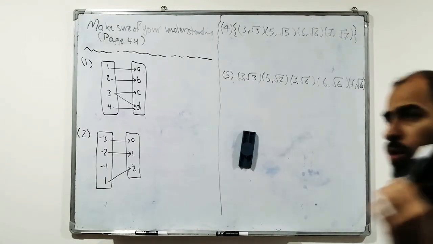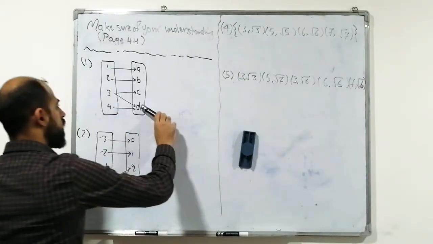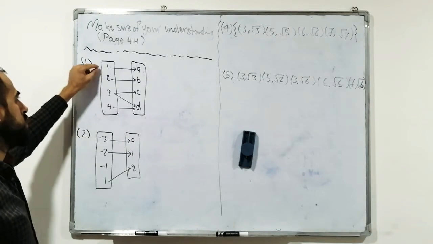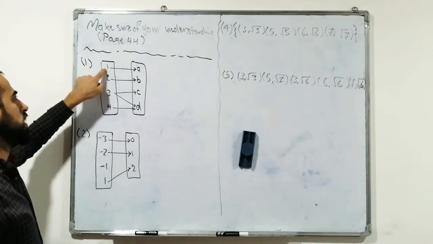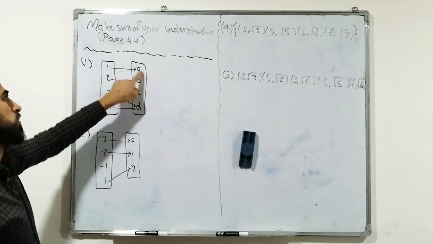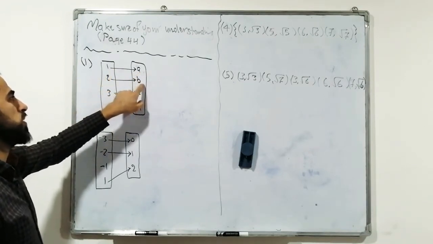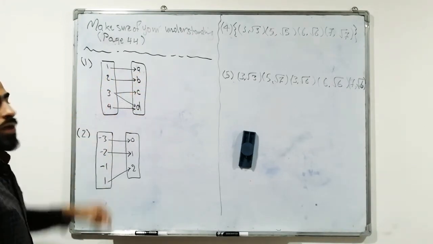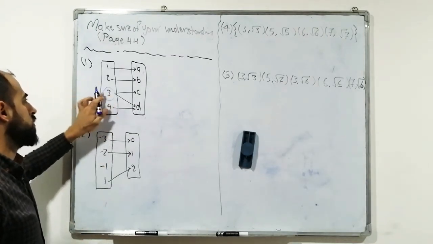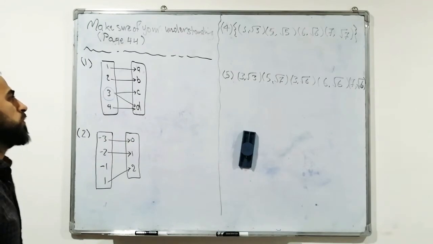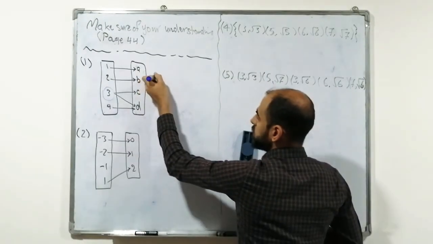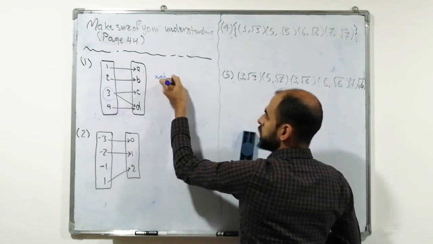So here we have the first element, 1, has only one output value, also 2 has only one output value, but the element number 3 as an input value has 2 output values. So this relation is not a function.